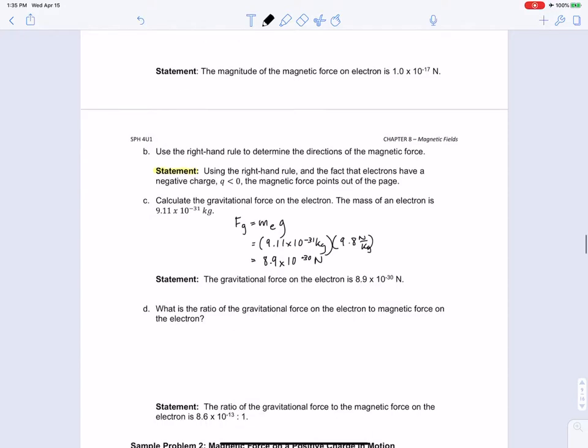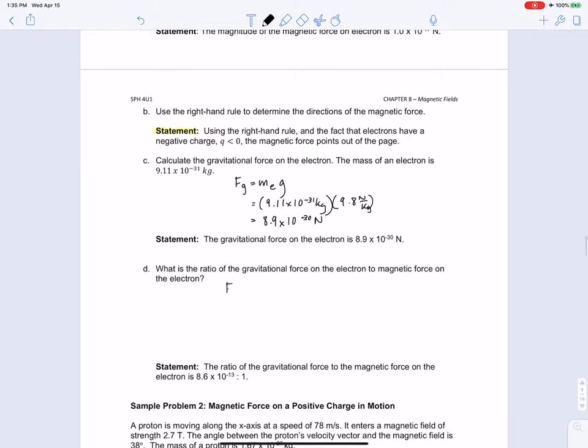Now, what's the ratio of the gravitational force to the magnetic force? Well, we've done these comparative calculations before where we just set up a ratio: 8.9 times 10 to the power of negative 30 newtons for the gravitational force, and the magnetic force is 1 times 10 to the power of negative 17 newtons.